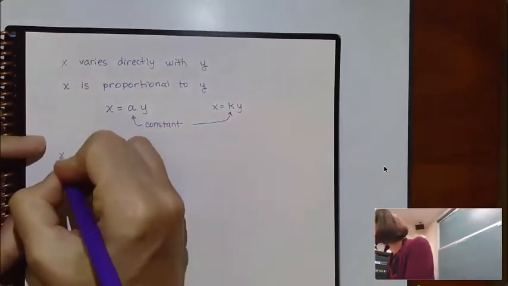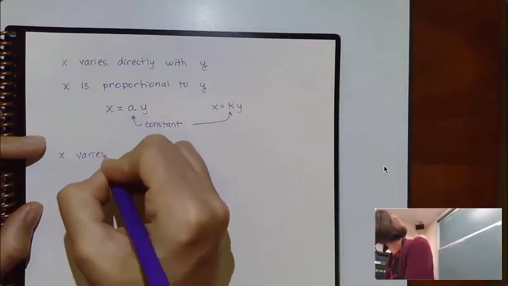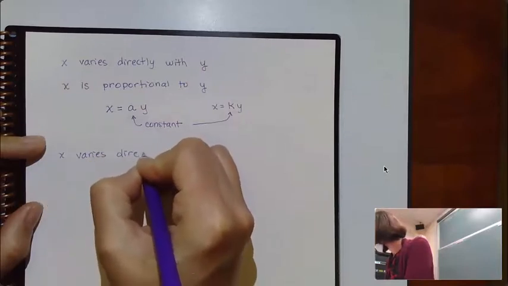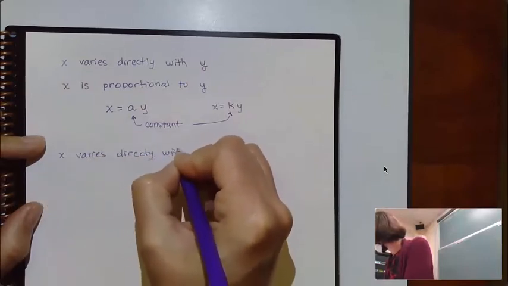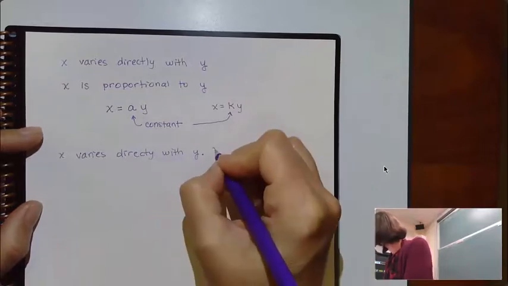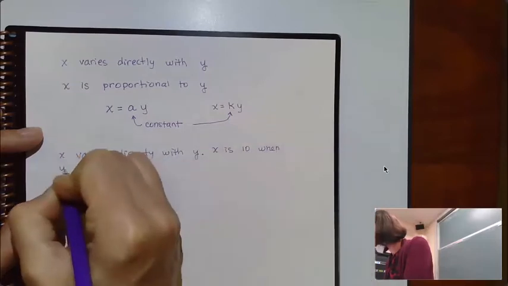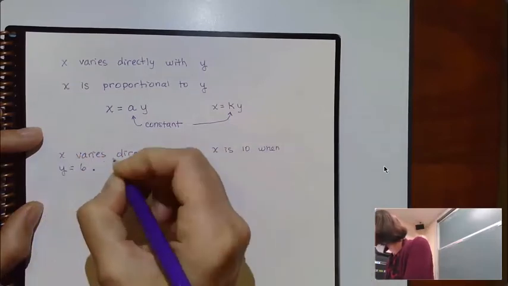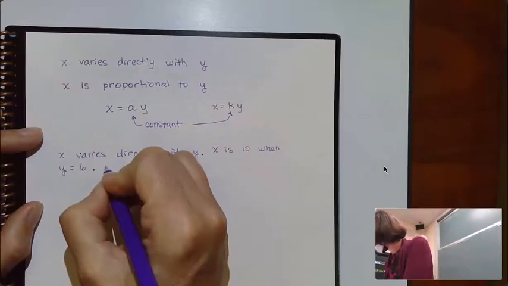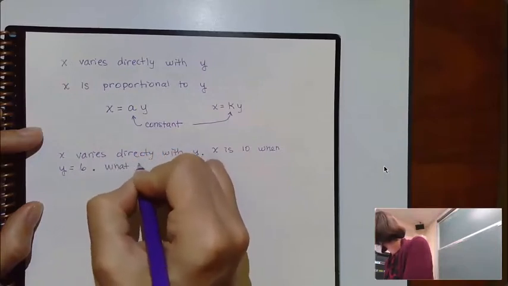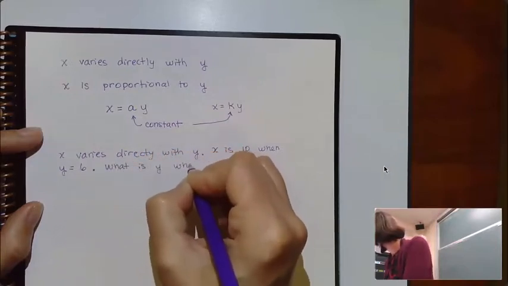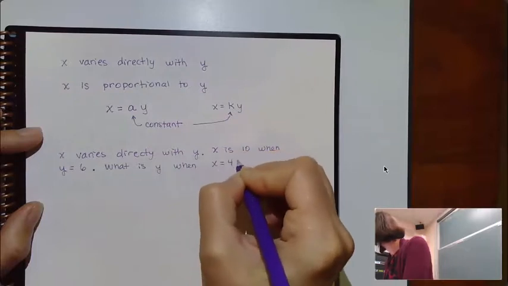So if I said x varies directly with y, x is 10 when y is 6. What is y when x is 4?